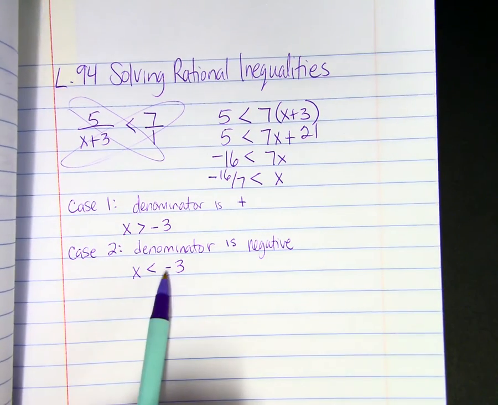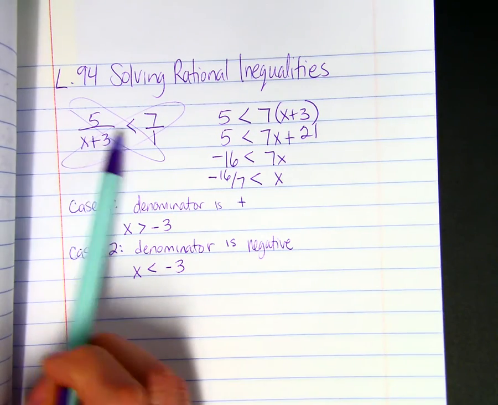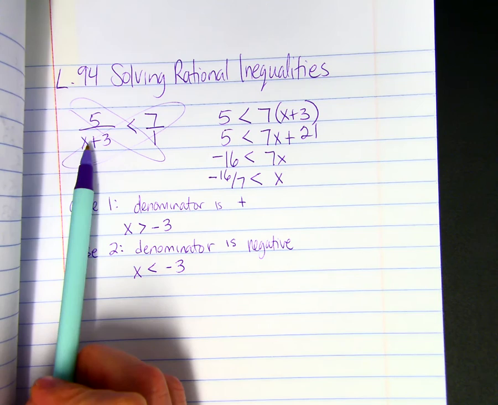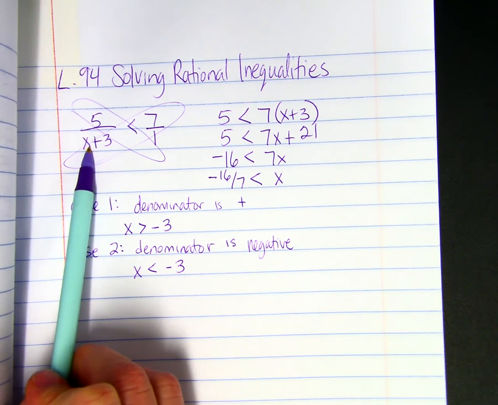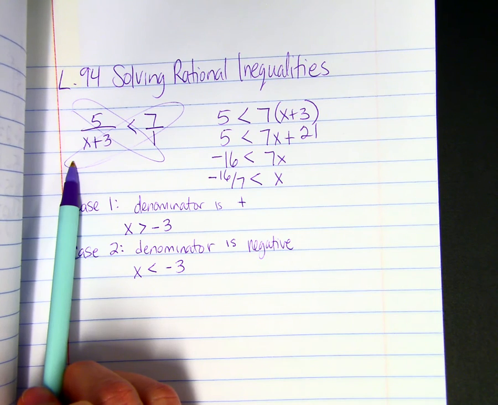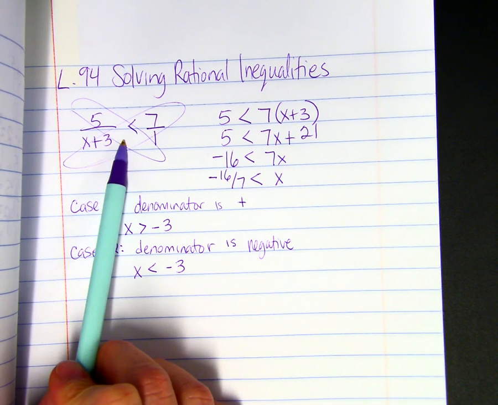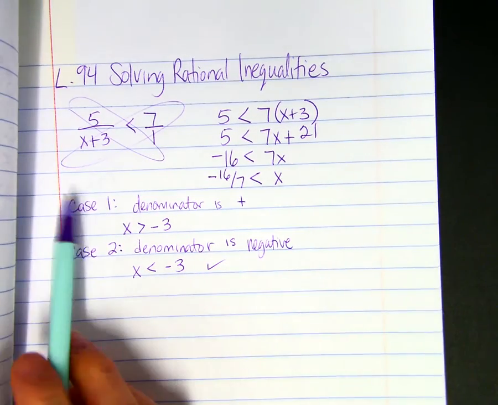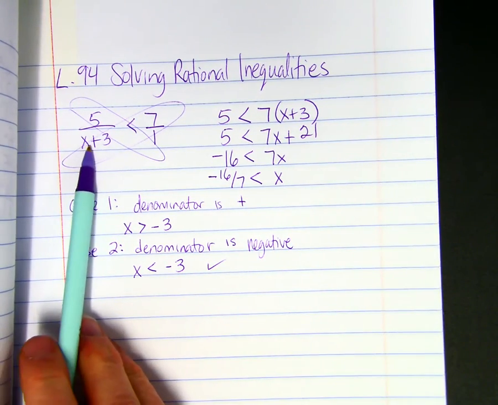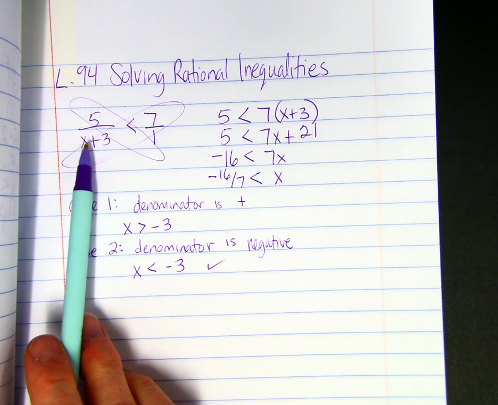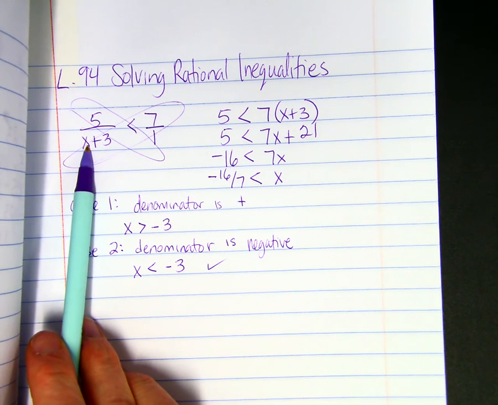So you can just imagine if x is less than negative 3, this will be a negative number. 5 divided by a negative number will be negative, and it will always be less than 7. True? Okay, if x is greater than negative 3, you have a positive number.